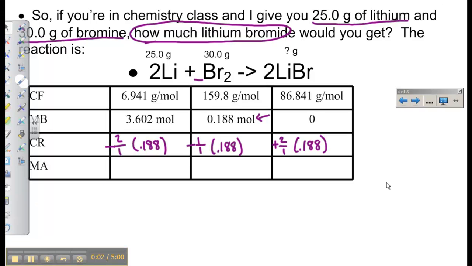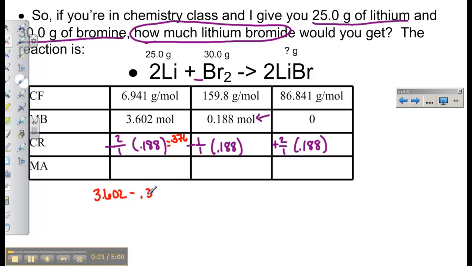So now when I do my math, okay, if I start here, 2 over 1 times 0.188 gives me 0.376. But now that's not my moles after. Okay, I started with 3.602 moles.